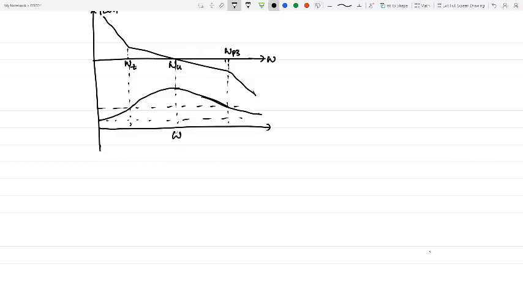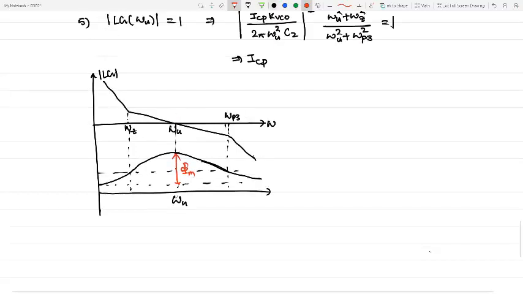So this one is omega u, and the phase margin is, let me just mark it. This is the phase margin. Okay. So this one is an angle of 50.